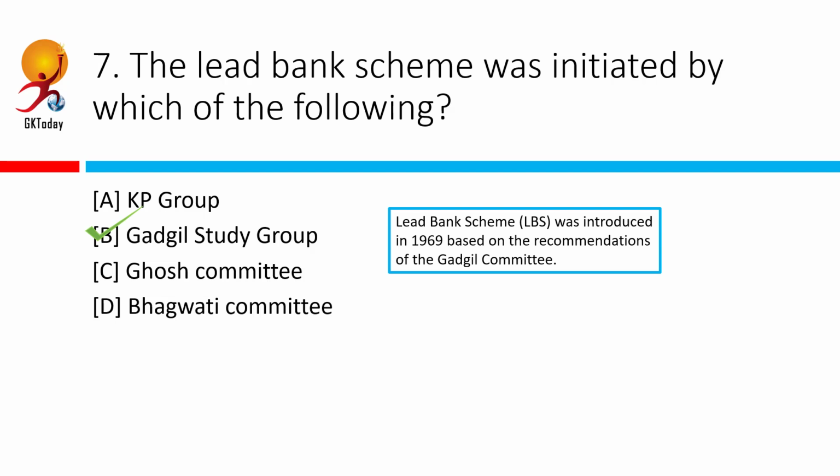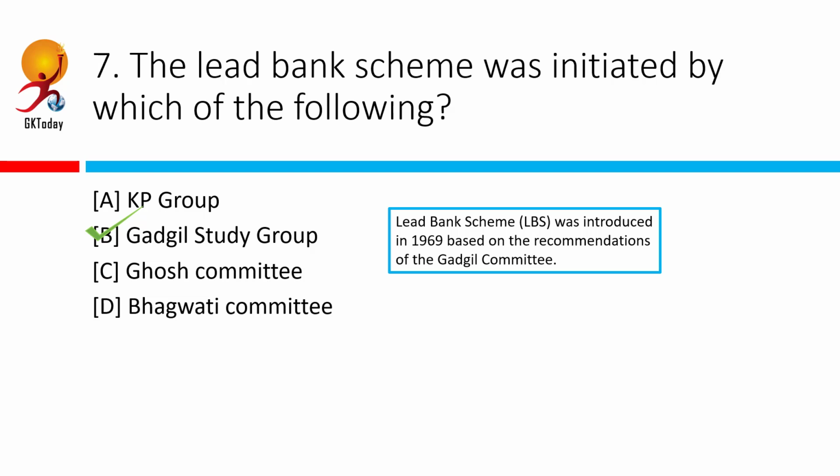The National Credit Council was set up in December 1967 to determine the priorities of bank credit among various sectors of the economy, and this appointed a study group on the organizational framework for the implementation of social objectives in October of 1968 under the chairmanship of Professor D.R. Gadgil.